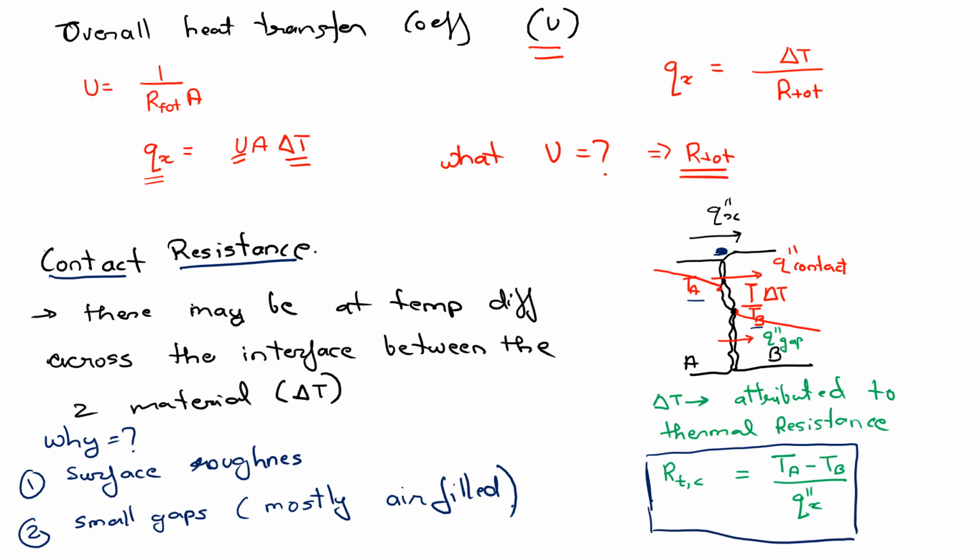So you might either be given the value of that contact resistance, or you can find it from a source, and then you'll have to use it while finding the overall heat transfer coefficient or the total resistance, and you will also have to mention it or draw it in your circuit diagram. So we will be looking at one problem where we might include thermal resistance and draw a circuit diagram accordingly.